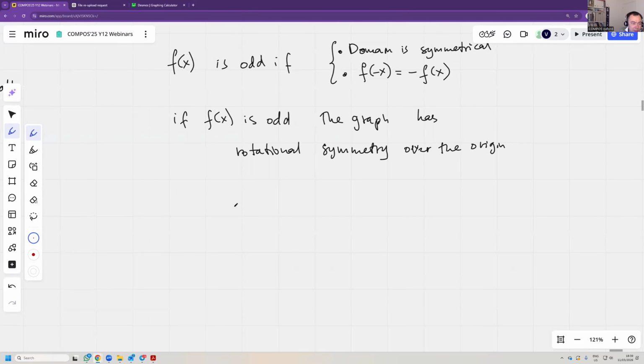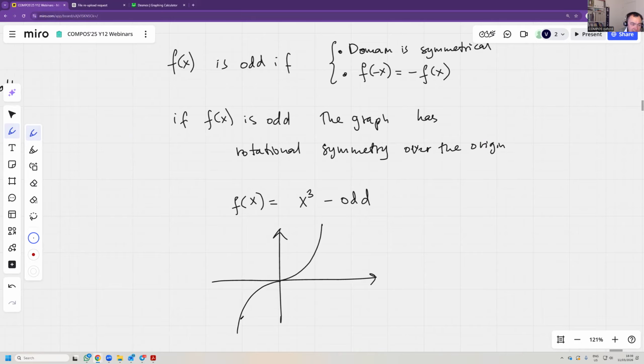Okay, so for example, f of x equals x cubed is odd. So how do we know it's odd? Because if we sketch it, it looks like this. First of all, the graph has rotational symmetry. You can see that if you flip the graph upside down, it's the same graph. And then if you take this is x, and this is f of x, and this is minus x, and this is minus f of x.